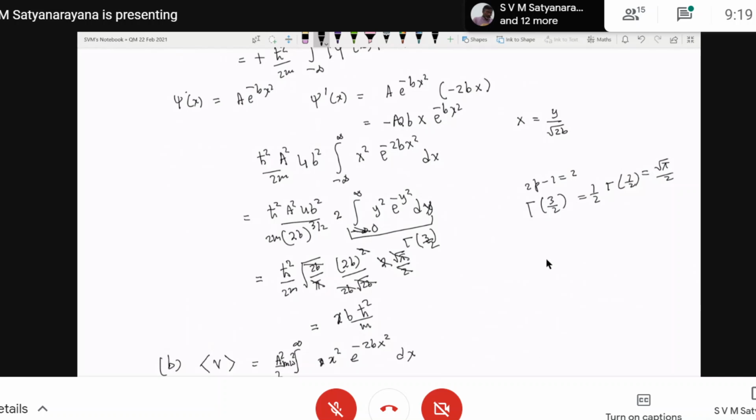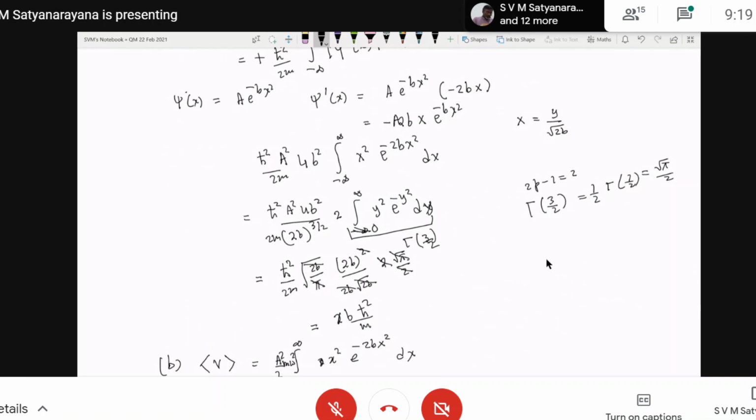Now you can see that this is a very deep peak, but let's assume that we take a trial wave function, psi of x equal to A e to the minus b x squared, so that we can use some of the calculations that we have done.